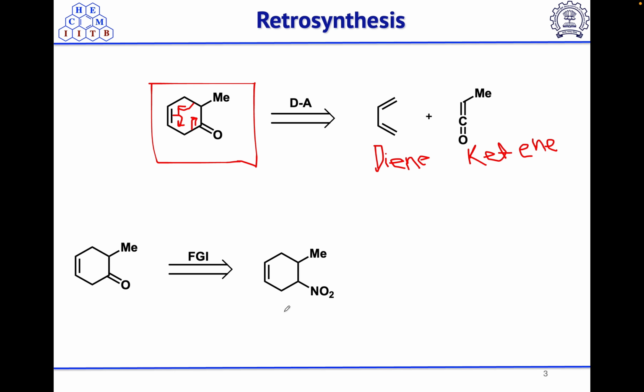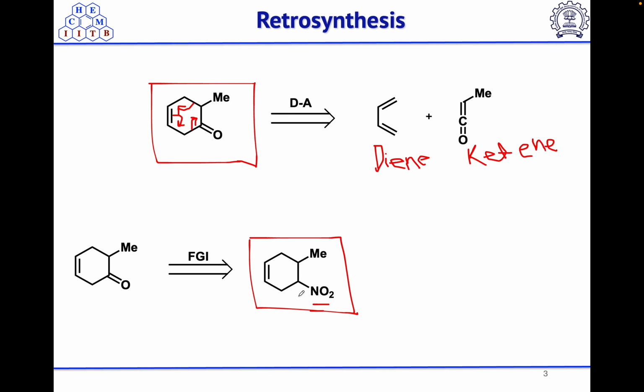If we have a nitro group in this cyclohexene instead of the carbonyl group, then we can carry out the Diels-Alder reaction to get this molecule.